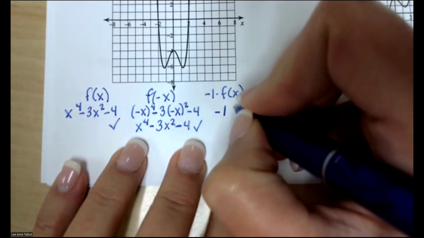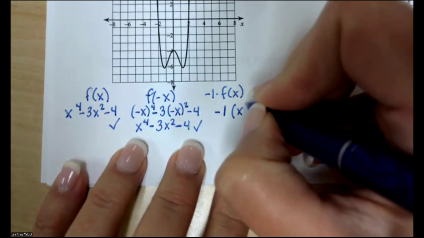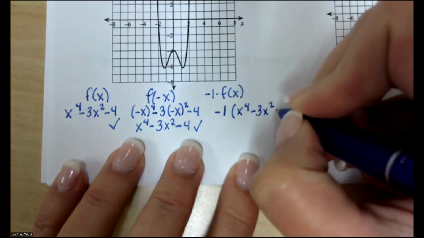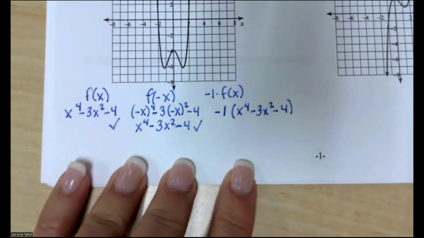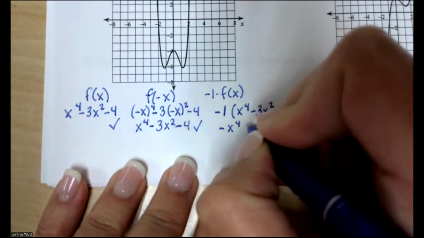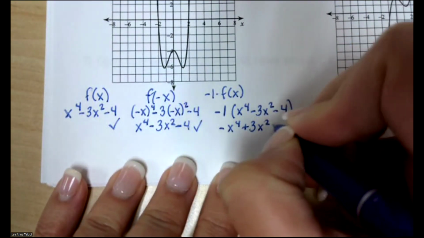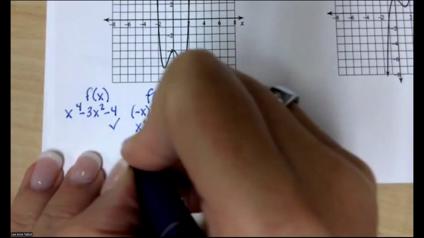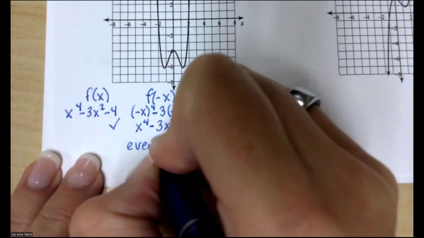So -1 times the original, and make sure to put the original in parentheses so you can distribute. Okay, now when the first two match, it's even.